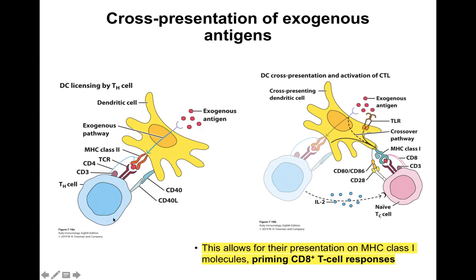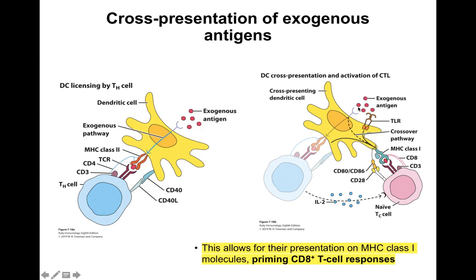So this is what normally happens. A T helper cell will be presented antigen in MHC class II, and that antigen will have come from an exogenous source, so brought inside that cell, and CLIP will flip out, and then this exogenous antigen will be combined with the MHC class II and presented on this T cell to activate that T cell.